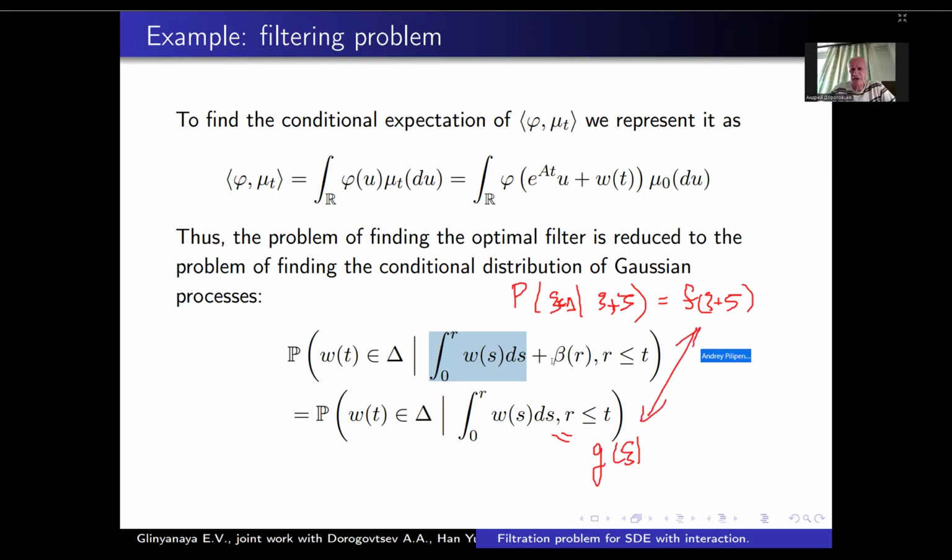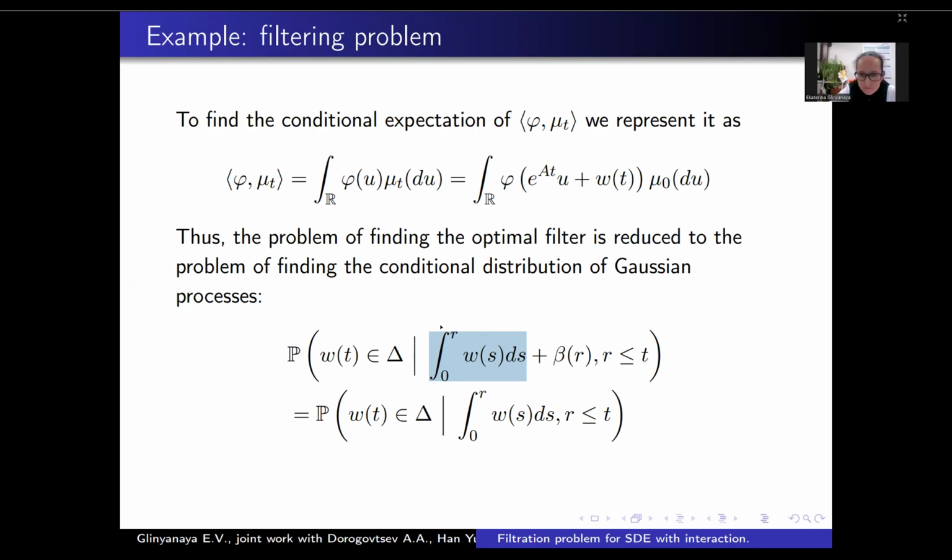Excuse me, here we have some misunderstanding. Of course, if we have a sigma field which is generated by W and beta, comma beta, then this formula is right. If we have a sum, then of course this formula is not right. So we need to add something. Yeah?